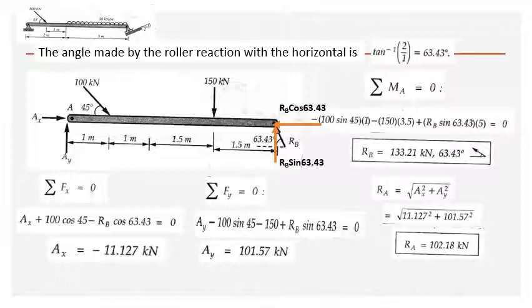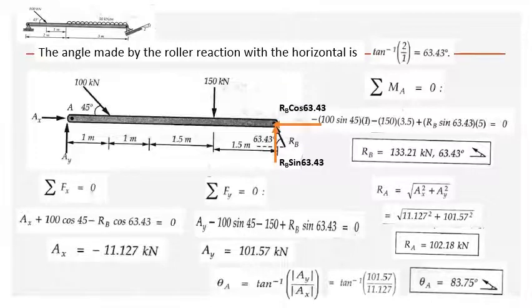Okay. So if you know how to resolve it, how to find the moments, if you master that, finding the support reactions is very simple. So theta is tan inverse AY by AX. Substitute the value of AY and AX.